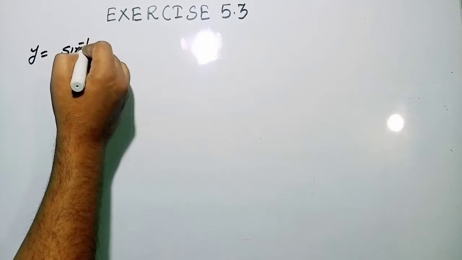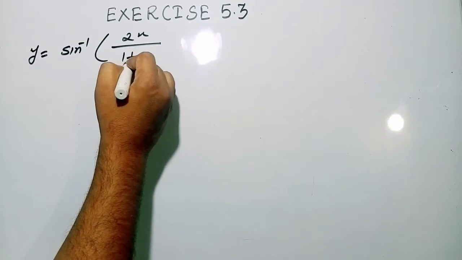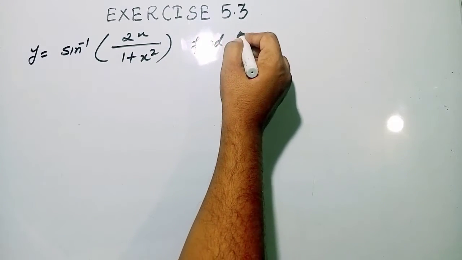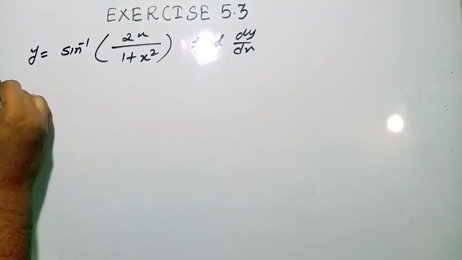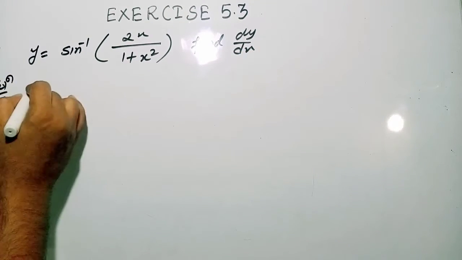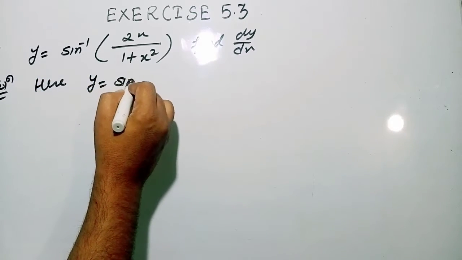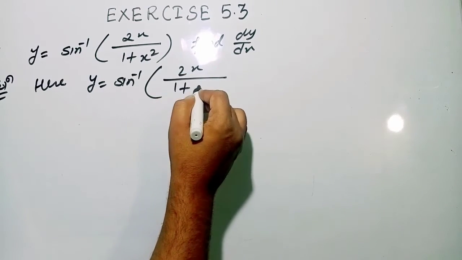The question is, if y is equal to sin inverse 2x upon 1 plus x square, so find dy by dx. Means here we will find the differentiation of inverse function. Here what is given, that y is sin inverse 2x upon 1 plus x square.